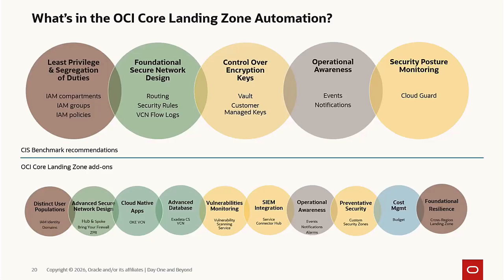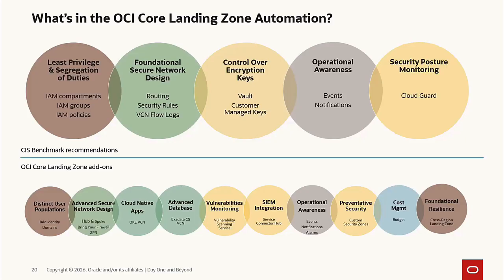The core landing zone enables vulnerability scanning for compute instances. It sets the environment for SIEM integration, using a service called the Service Connector Hub, a native OCI service. It extends that operational awareness about IAM and networking resources to other resources in OCI.